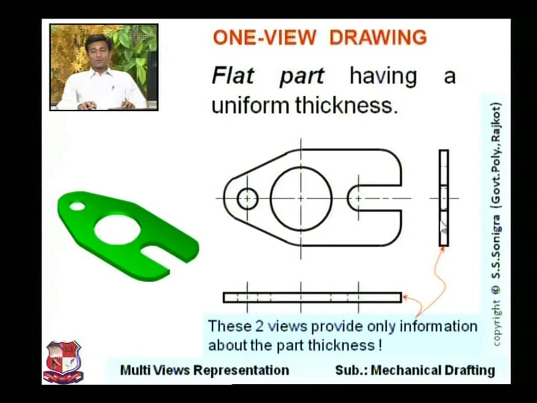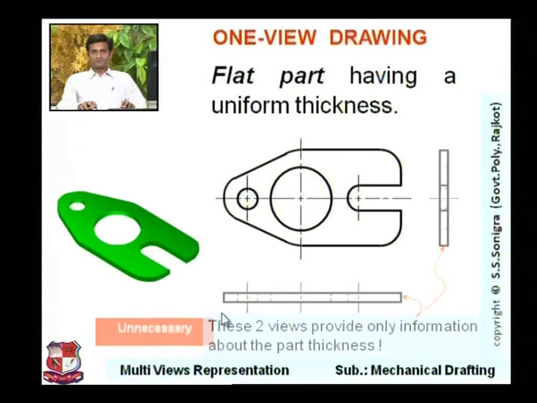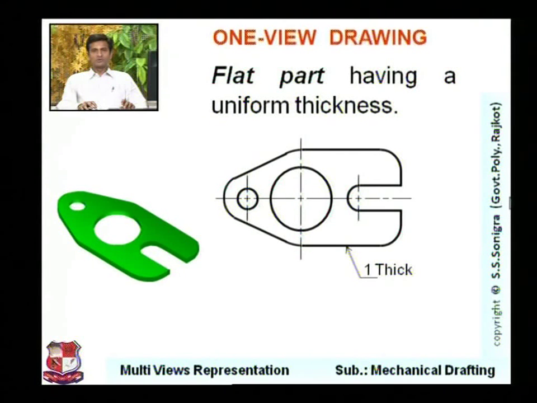These two views provide only information about the thickness of this part. So only for thickness, no need to draw both these views. It's an unnecessary view. You can trim these two views and write its thickness like this. It's so and so millimeter thick. Then it's okay. Only one view is enough to represent this object.